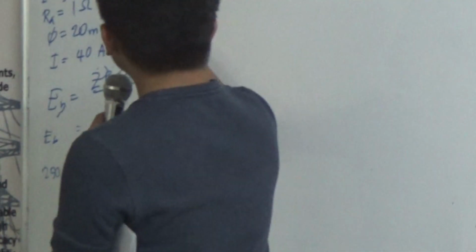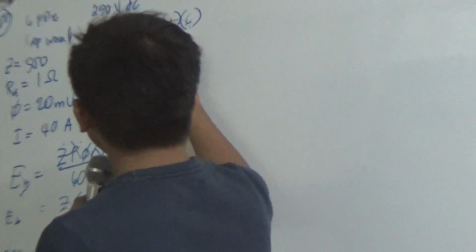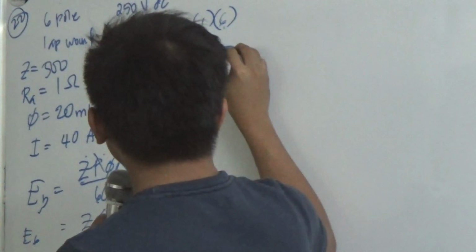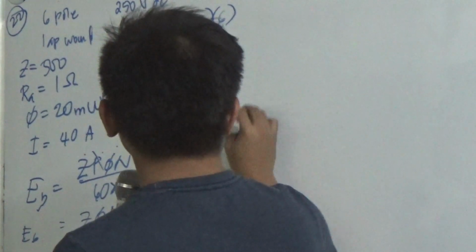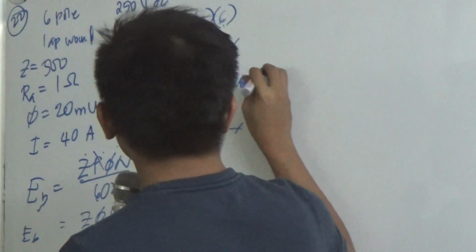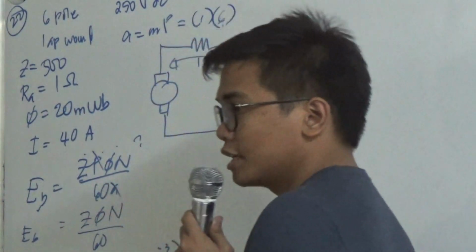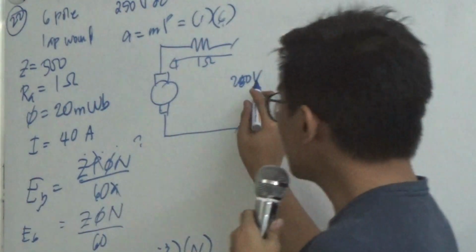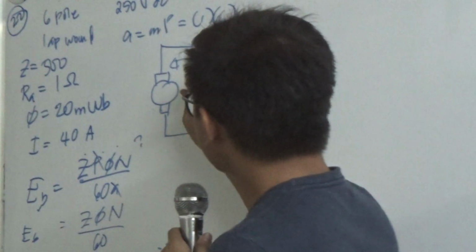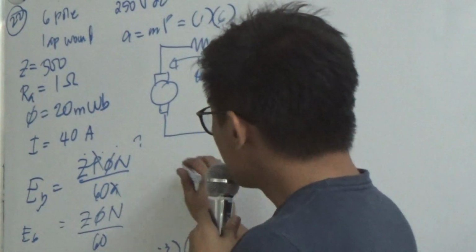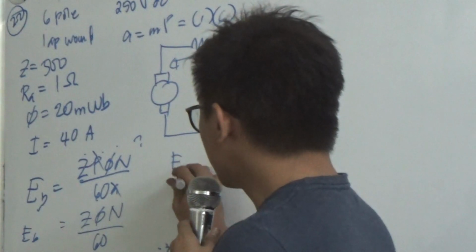Kung ang motor mo, may resistance ka dito 1 ohm, ito ay 250 volts. Motor na kasi siya, baliktad. So 250, ilang amperes? 40. 40 amps, no?